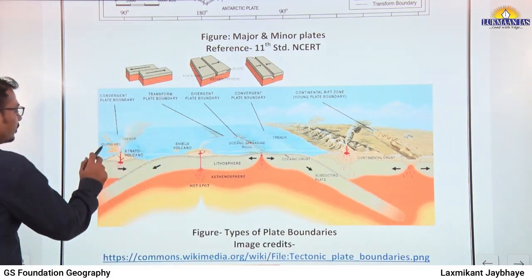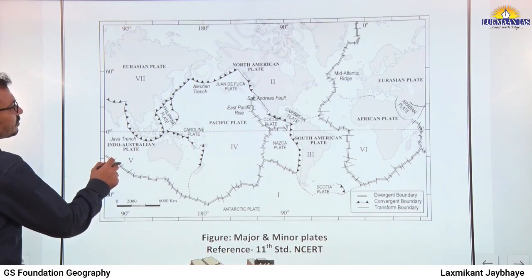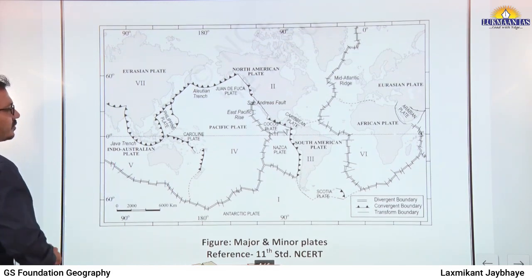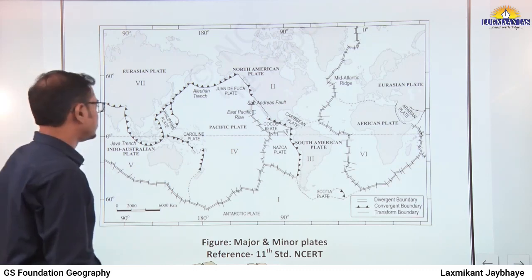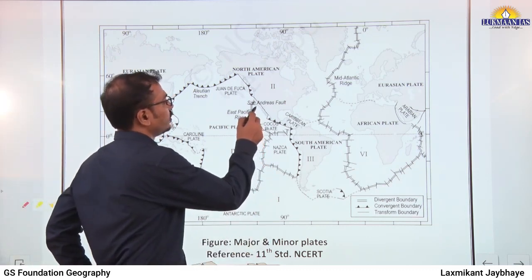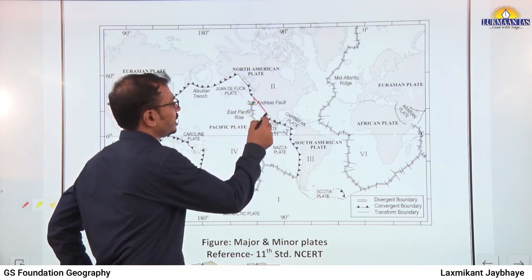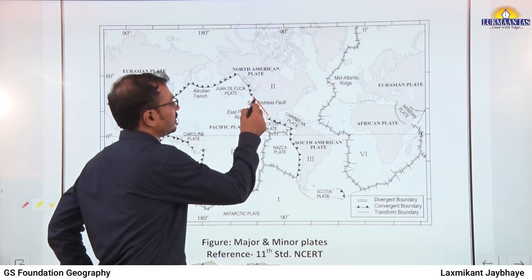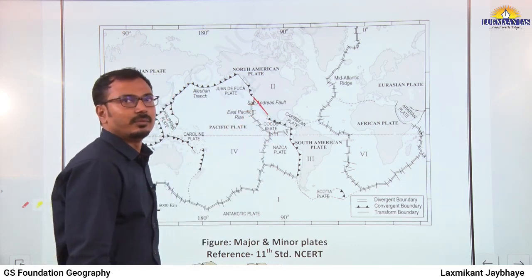Let me give you one more example between actual plates. There is a transform boundary created near the San Andreas Fault. You can see the location here. Everyone, pay attention.